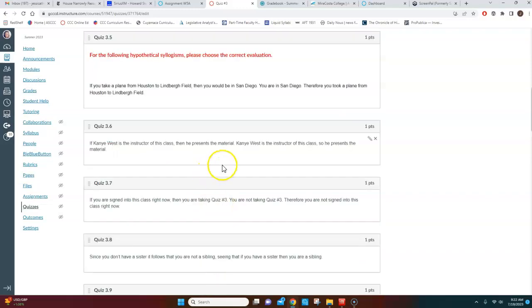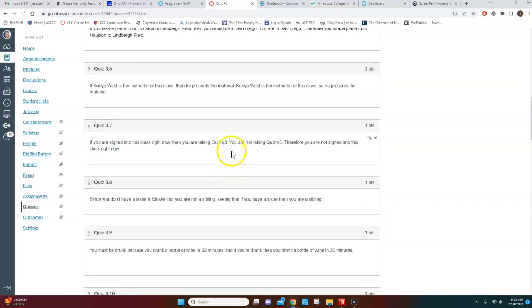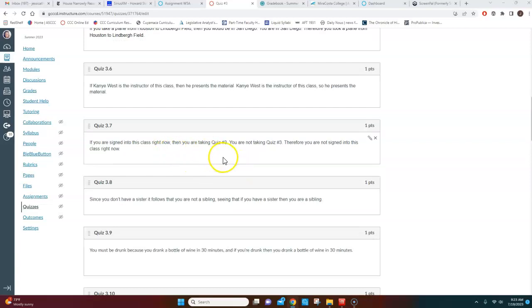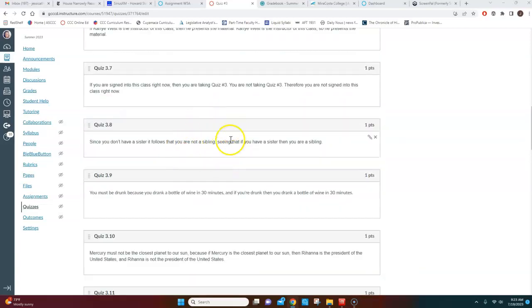There's one answer, but just be careful because these are already standardized with the if-then statement, then the second premise, and the conclusion. Premise, premise, conclusion. Same with this one. This one changes up. It doesn't come in that premise, premise, conclusion order. The conclusion is here in the middle.